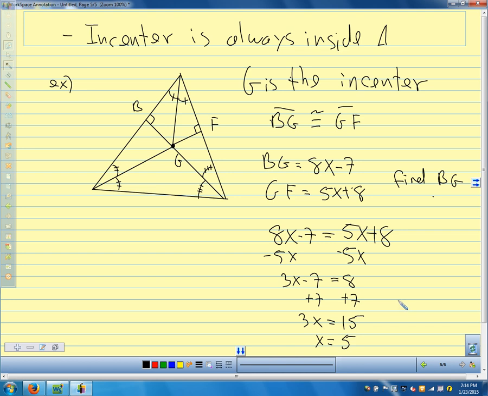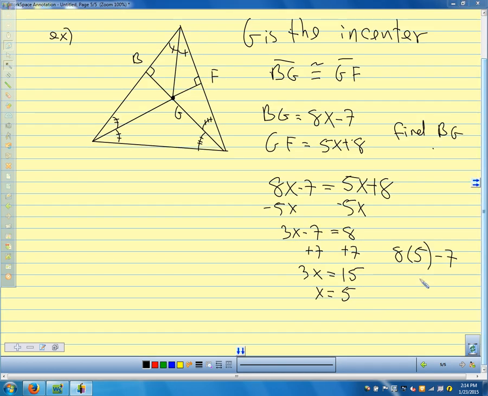So we need to do 8x, 8 times 5 minus 7. 8 times 5 is 40, minus 7 is 33. So BG is 33. We figured out that was the incenter, and used that to help us solve our problem.